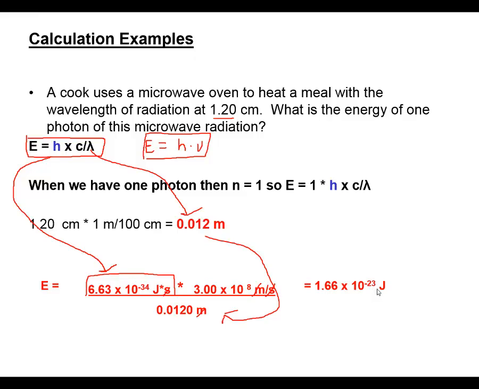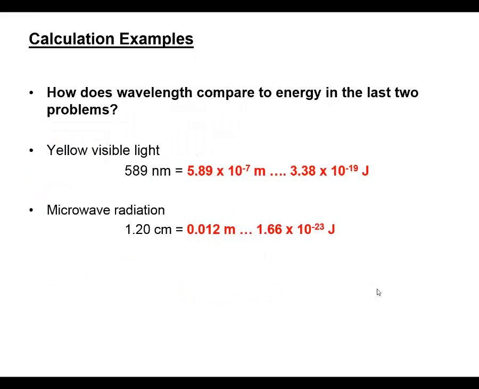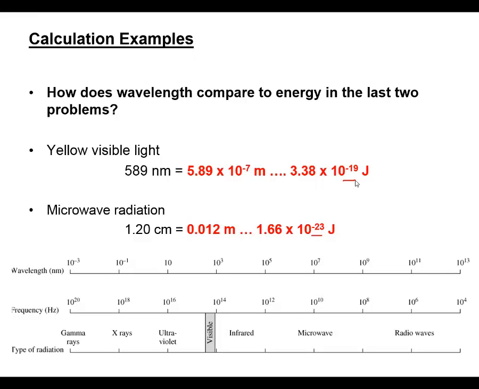Okay, so let's compare the different wavelengths and the energy that we're looking at. For visible light, we have 3.38 times 10 to the negative 19 joules for every photon. For microwave radiation, we have 1.66 times 10 to the negative 23 joules. So we'll notice that microwave radiation for every photon has less energy than that of visible light. Let's see if that makes sense.